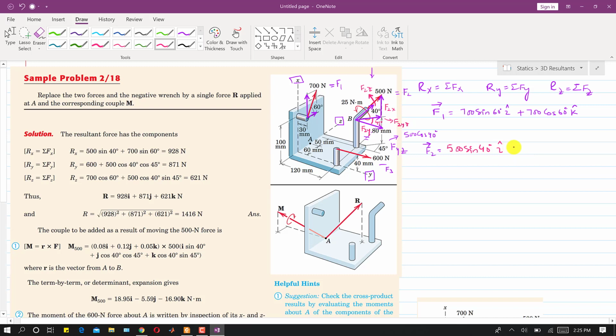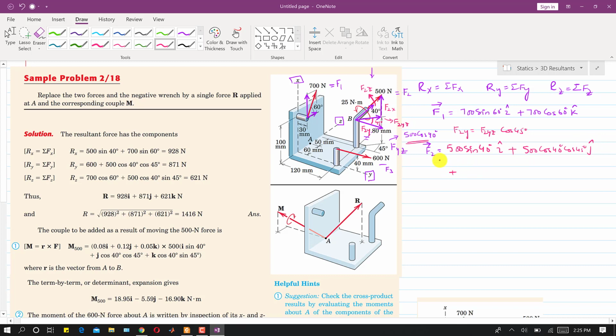And then this F2y component: F2y is equal to F2yz cos of 45 degrees, and F2yz is 500 cos of 40, so we can write this F2y as 500 cos of 40 cos of 45 degrees, and this is in the positive y direction, so I will write j.